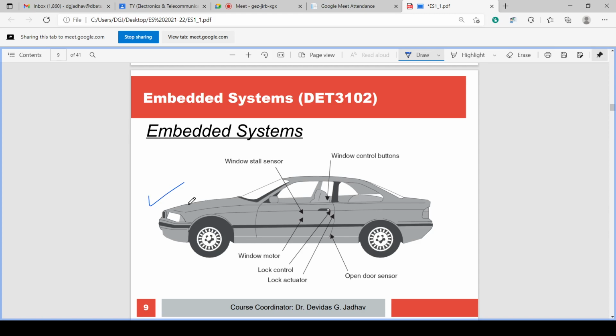Similarly, the autonomous vehicle has very sophisticated applications. Without a driver, the vehicle will run. How will the vehicle run without a driver? For that, all the functions of the driver should be made available in the vehicle. So what functions does the driver perform? The driver uses their eyes to watch the surroundings and the road. If the road is clear, if somebody is entering or crossing the road, the driver checks all these things.